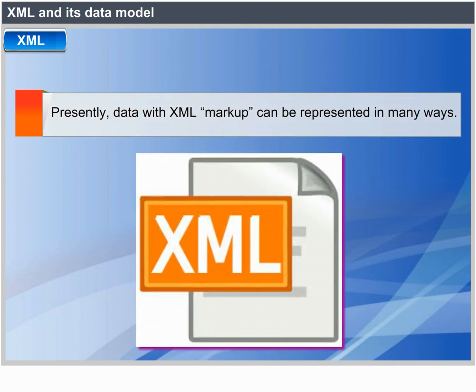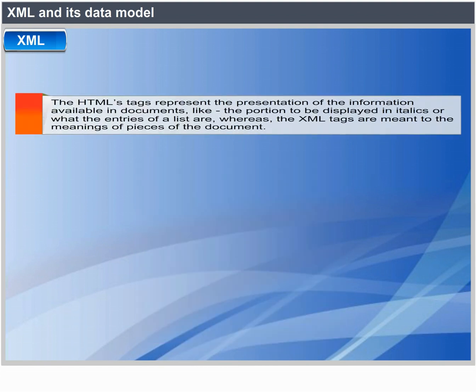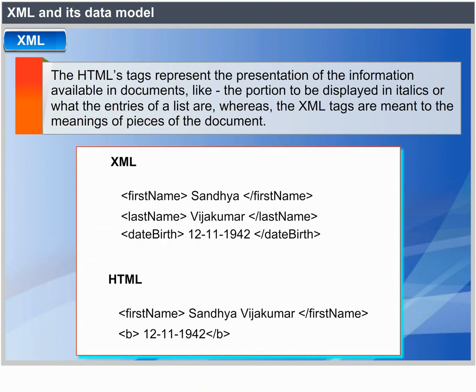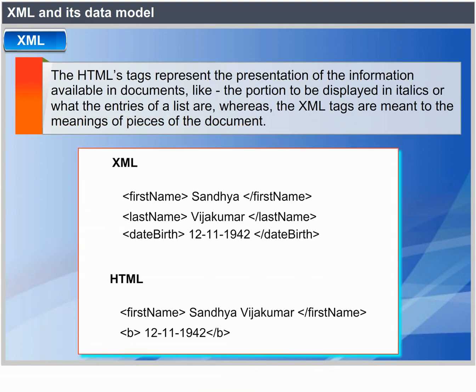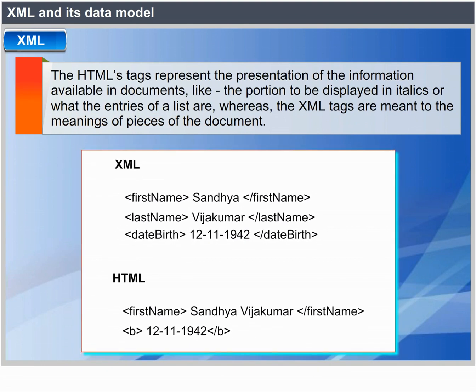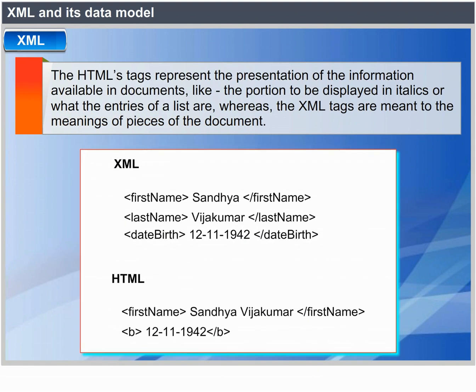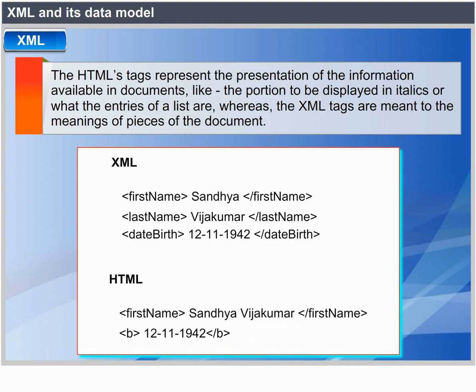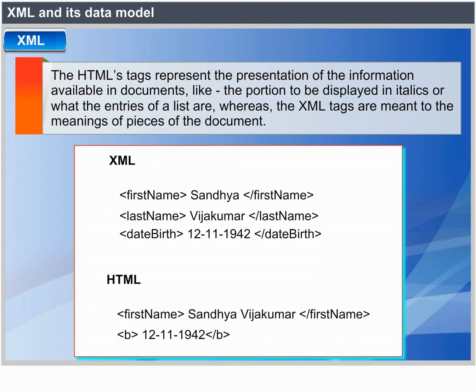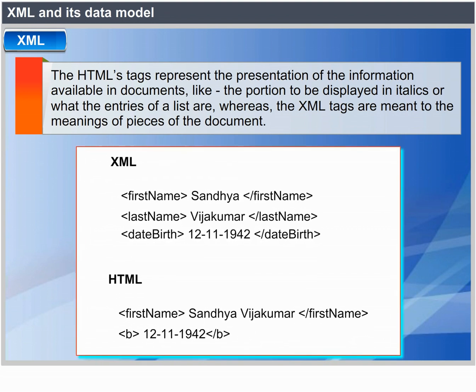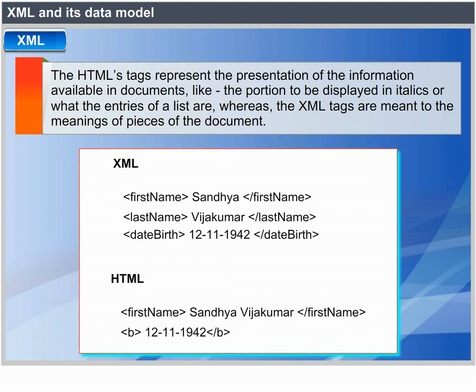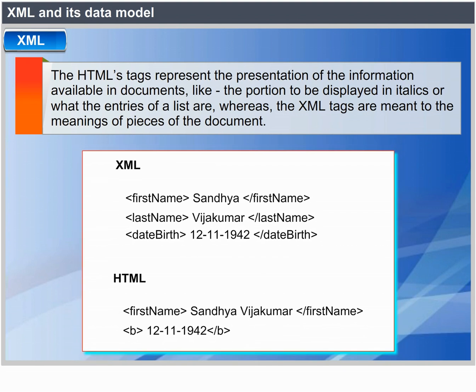While HTML's tags talk about the presentation of the information contained in documents, for instance, which portion is to be displayed in italics or what the entries of a list are, XML tags are intended to talk about the meanings of pieces of the documents.